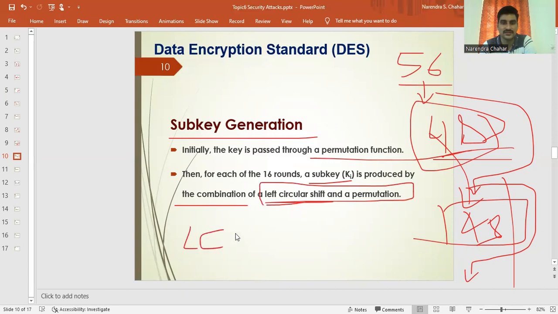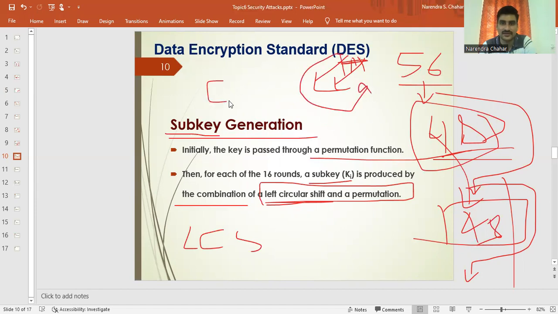What is the left circular shift? Just like I have a keyword, say DES. I have to shift all the bits to the left, just one place. And what is the leftmost? D. So D will be moved to the end.